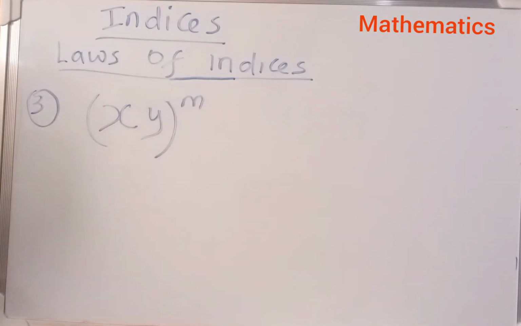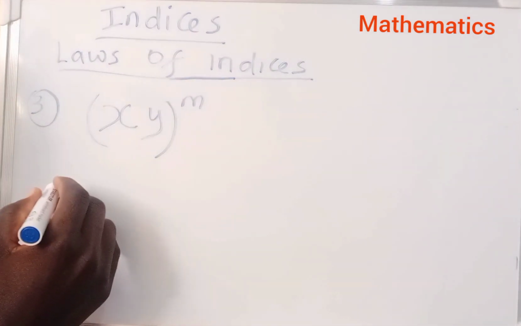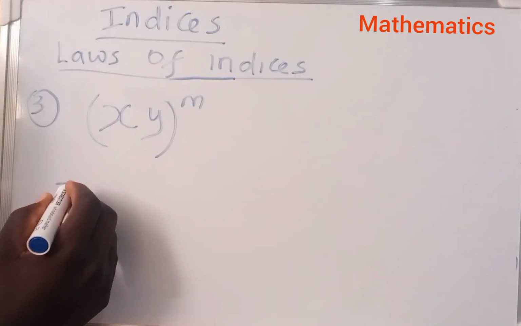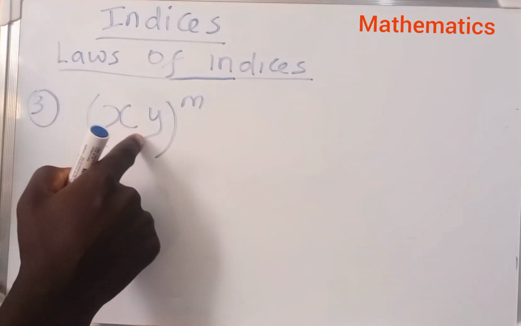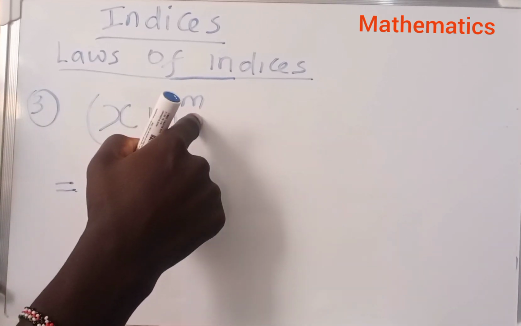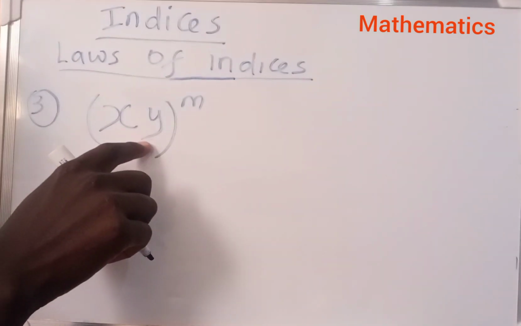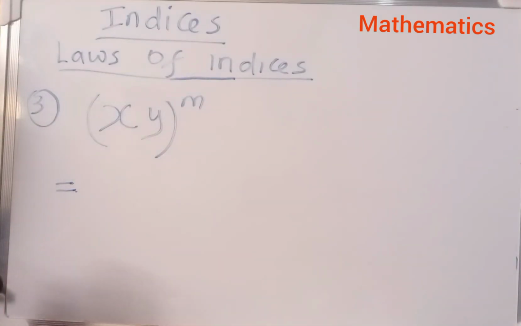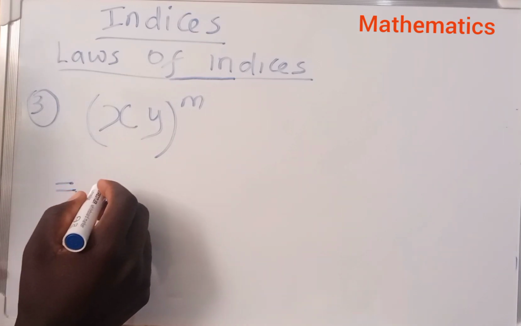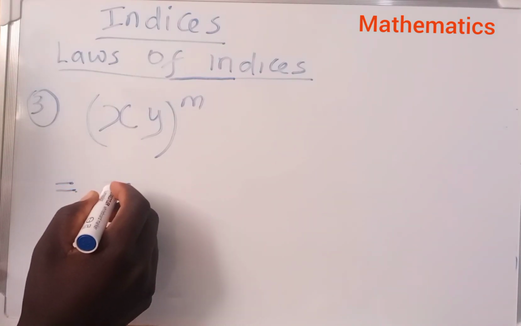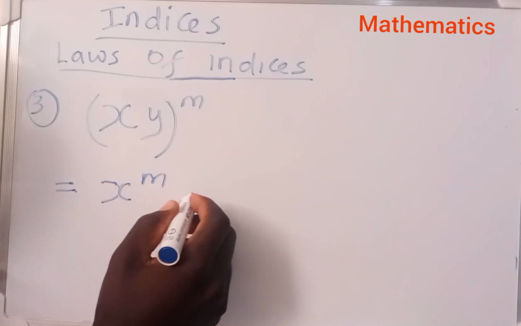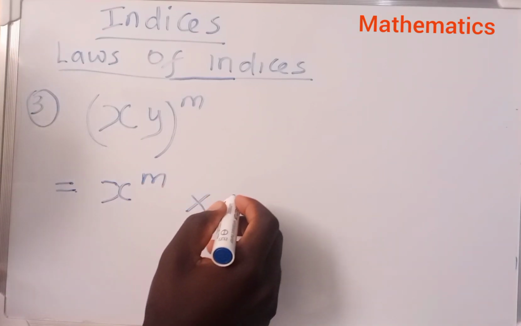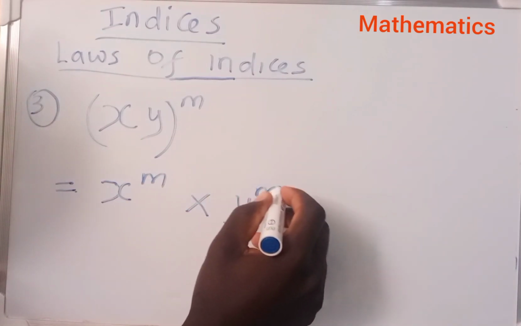Now, we can simplify this one basically. It is xy, close the bracket, raised to m. That means x and y share this power. Therefore, we can say this one can be x raised to m multiplied by y raised to m.